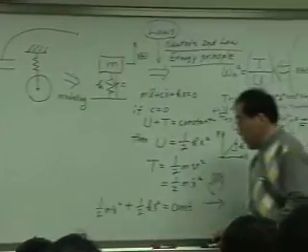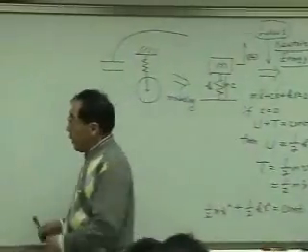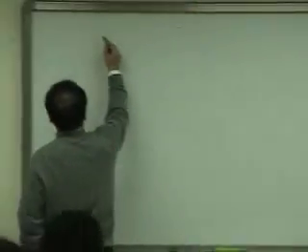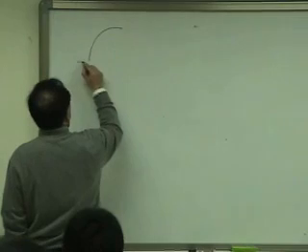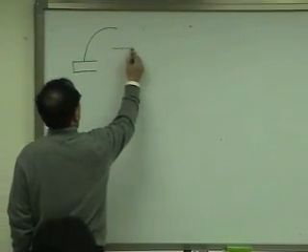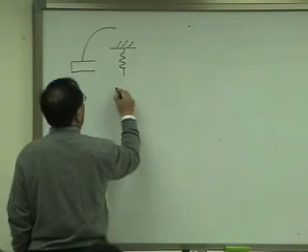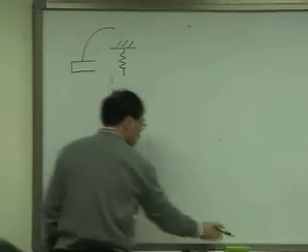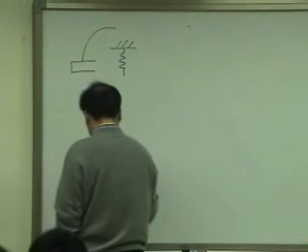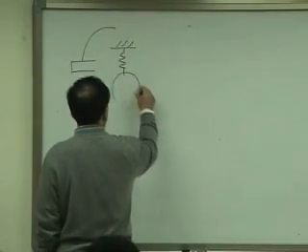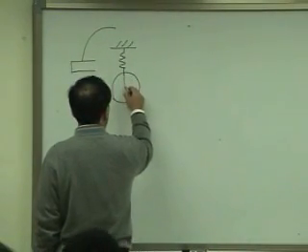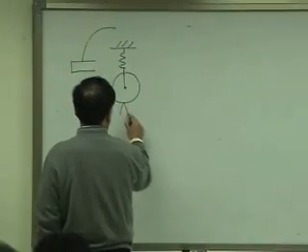First example, if I have an assembly, there is a wheel, and suppose there is a bump.